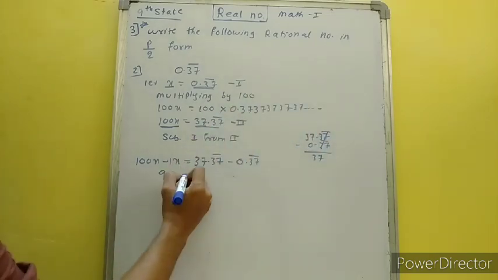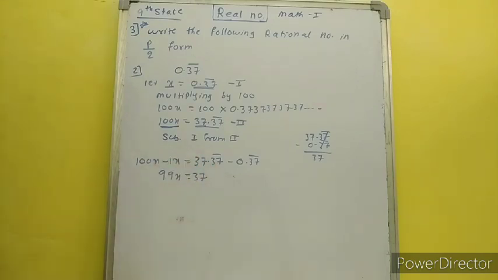We have 37. So the value of x is 37 upon 99. So the P upon Q form is 37 upon 99. Let's check the answers. Yes, it is correct.